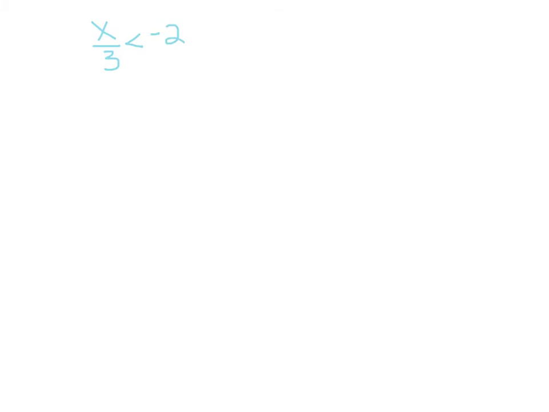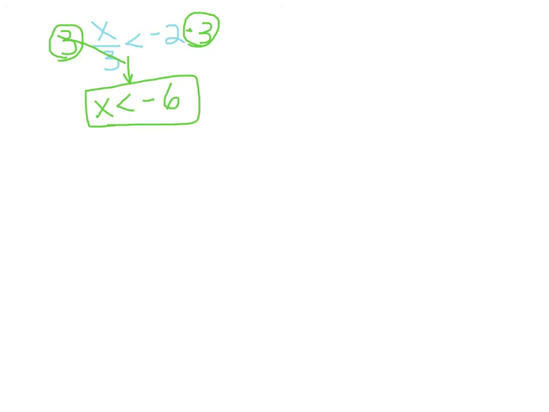Alright, so now I'm going to times by 3, times by 3. 3 divided by 3 is 1. 1x. Now this time I don't have to flip it over because 3 is positive. So it stays the same. It stays the same if you multiply or divide by a positive. So negative 2 times 3 is negative 6. Even though the 2 was negative, it doesn't matter because we didn't multiply or divide by a negative. So negative 6 goes here, open circle, to the left.